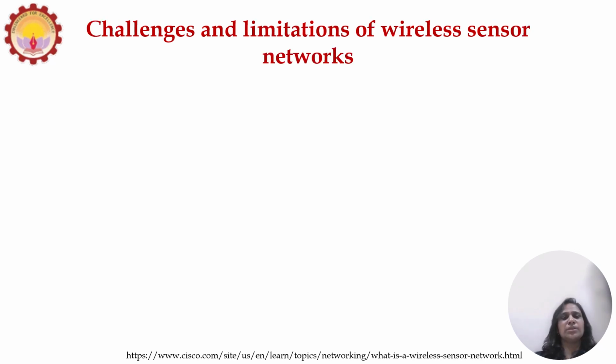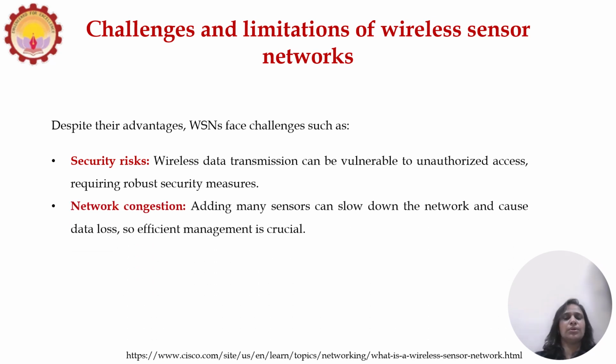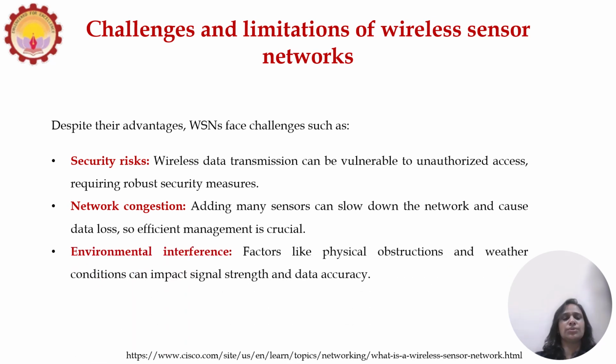Some of the challenges and limitations of wireless sensor networks are: security risk, as wireless data transmission can be vulnerable to unauthorized access, so it requires robust security measures. Network congestion: adding many sensors can slow down the network and cause data loss, so efficient management is crucial.